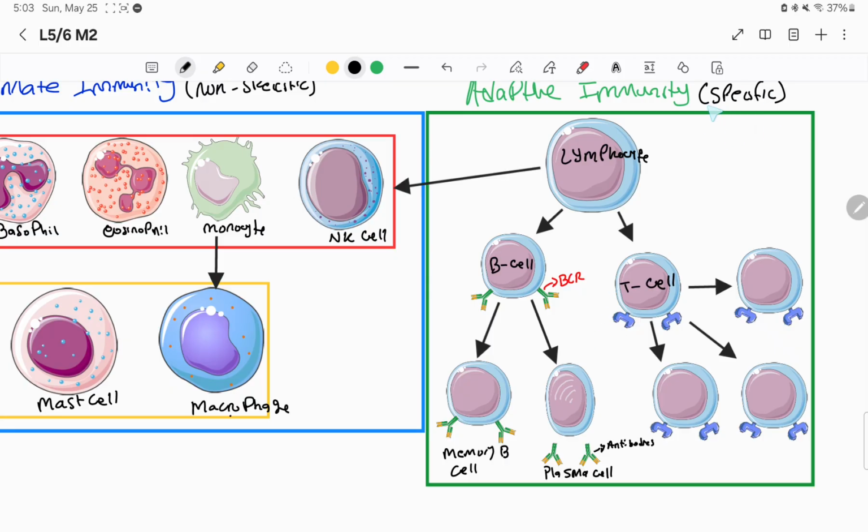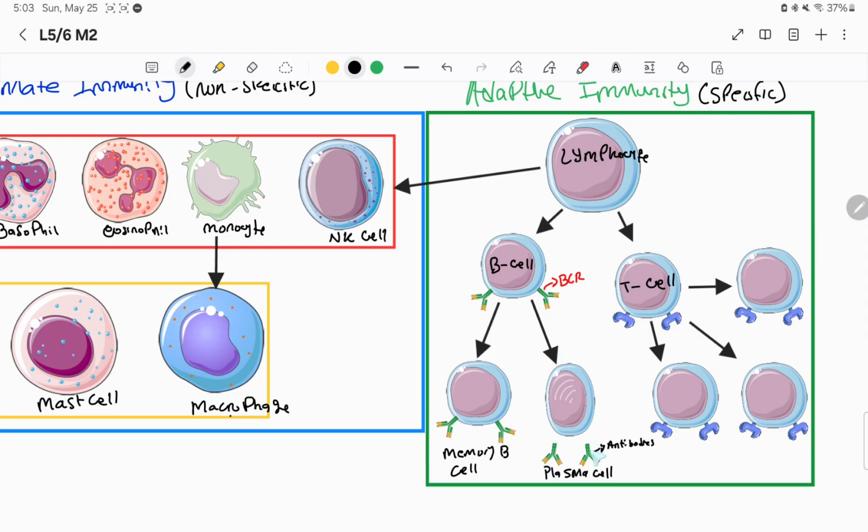Because remember, these cells are extremely specific. Once they target something, they are really specific to that target. And if that target changes even a tiny bit, they are going to have to adapt and change their response and become specific to that thing again.